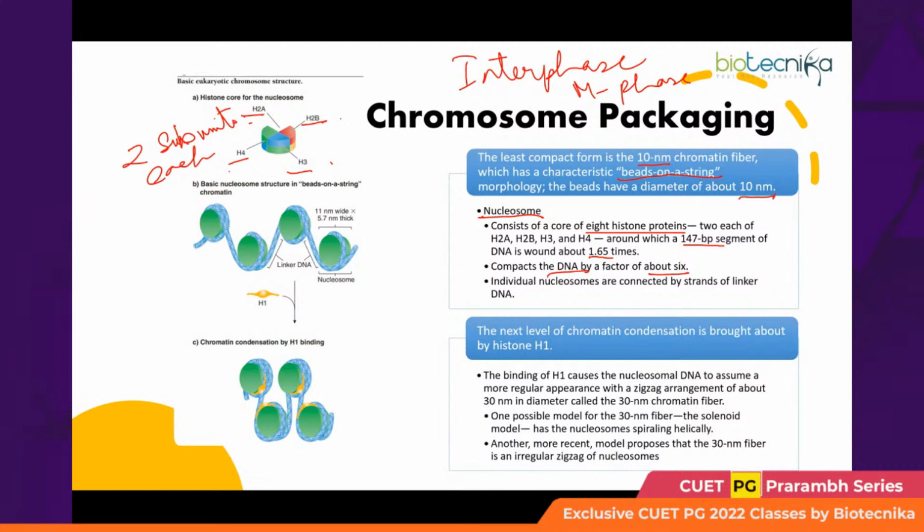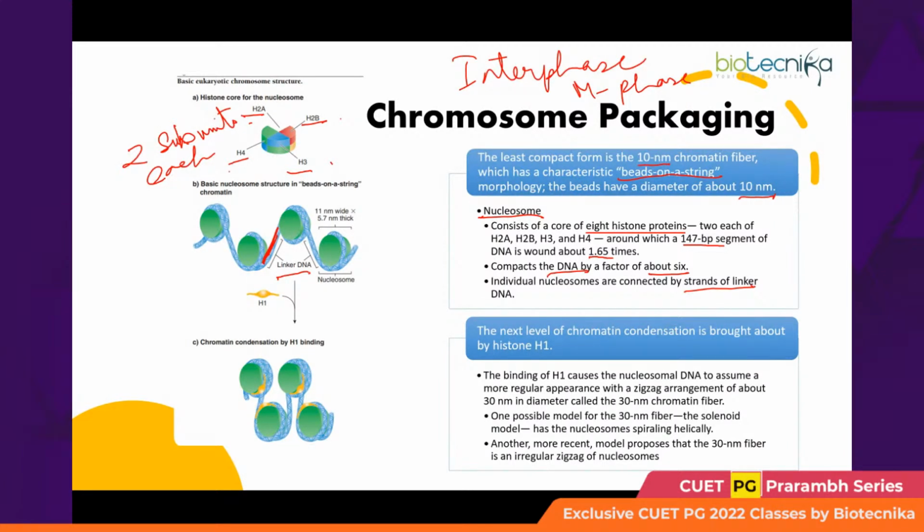Okay, and individual nucleosomes will be connected by a strand of linker DNA. So you see here, the DNA that comes between two adjacent nucleosomes is called the linker DNA. Okay, that is the primary packaging.